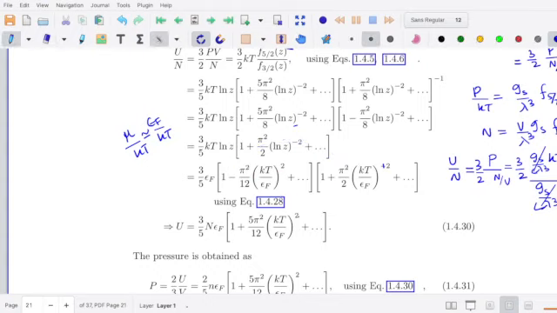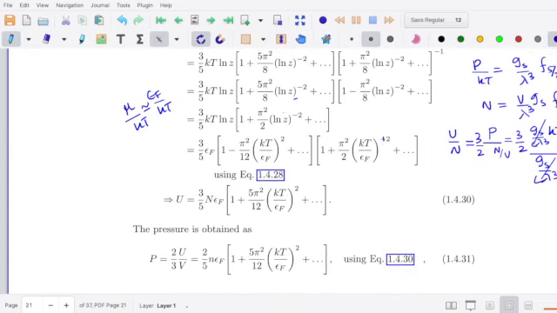Adding these two contributions, we will get 5 pi square by 12 kT by epsilon f square. So the expression for internal energy is given by u equal to 3 by 5 n epsilon f times 1 plus 5 pi square by 12 kT by epsilon f square.